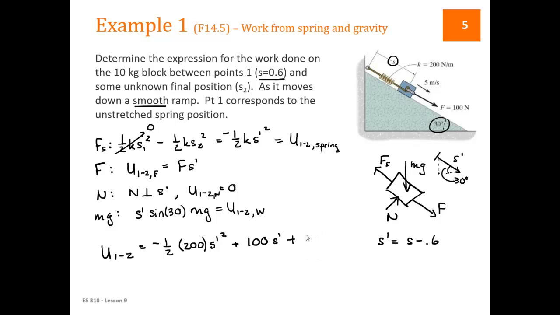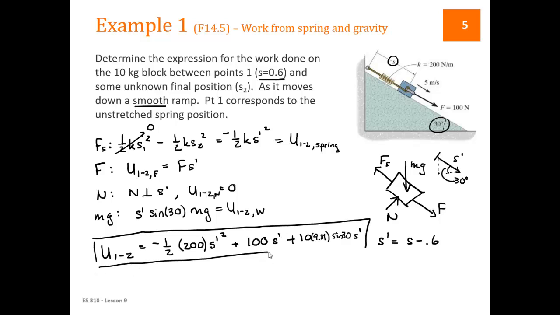M is 10 times 9.81 times sine of 30 times S prime. And that is our work expression at any arbitrary point. They wanted it at S2, so we could plug in S prime is equal to S2 minus 0.6 for all the S primes, and that would be our final expression.